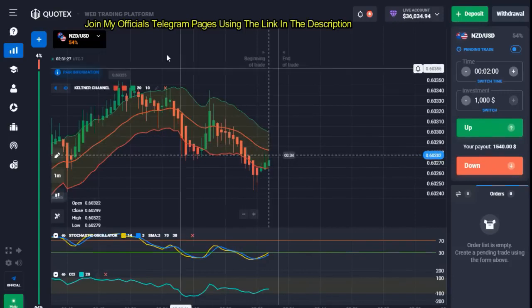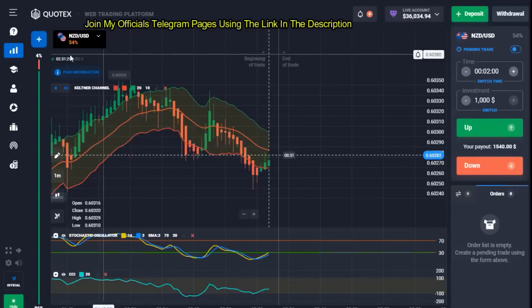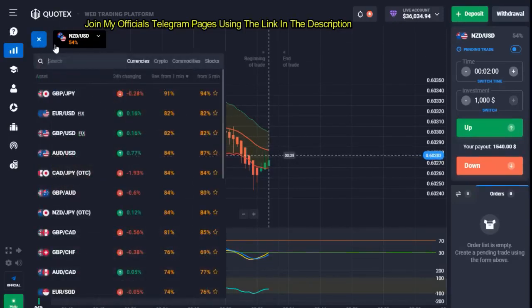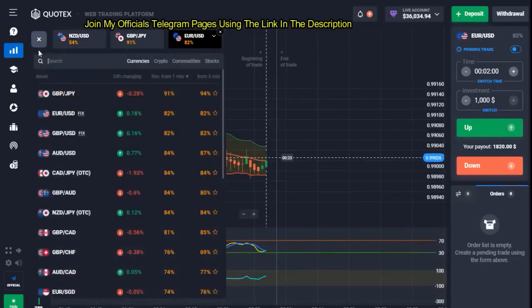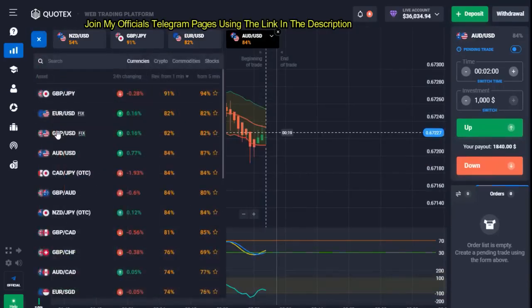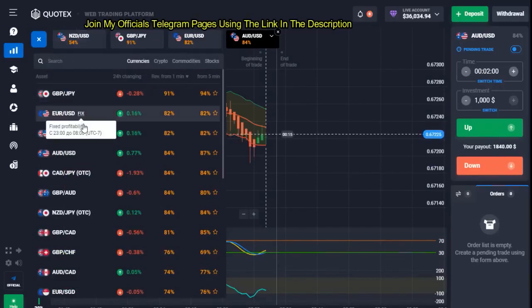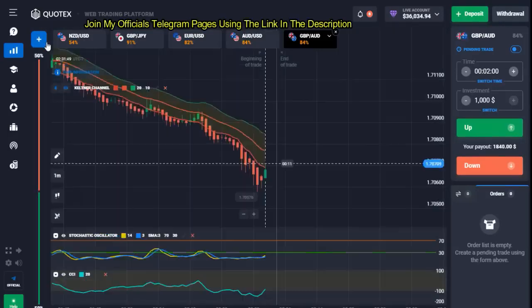So right now I'm going to put up my currency pair. If you want to put that up, just click on the plus button here. I can put up a currency pair. Like I said, always trade with a normal market. I'm not doing OTC. These are the fixed currency pairs, which means that they are not changing at any moment. So make sure that you are trading with this, but ignore the OTC.